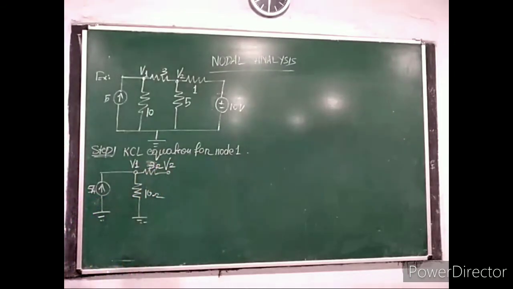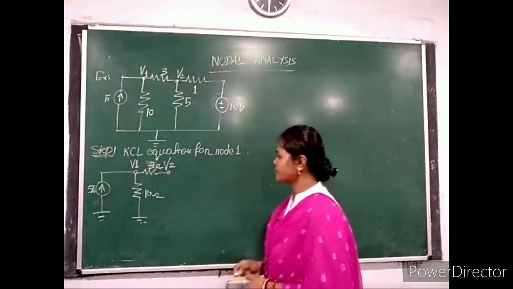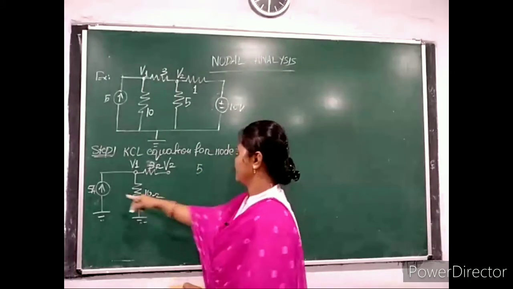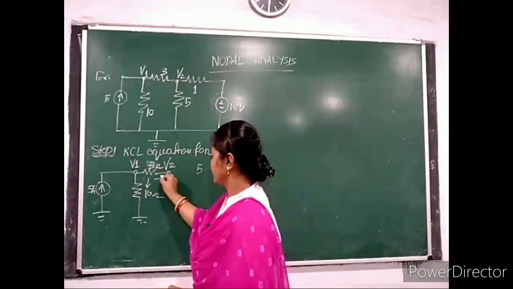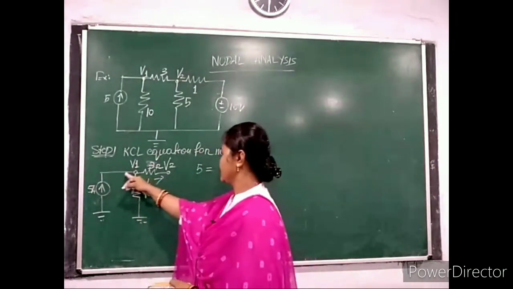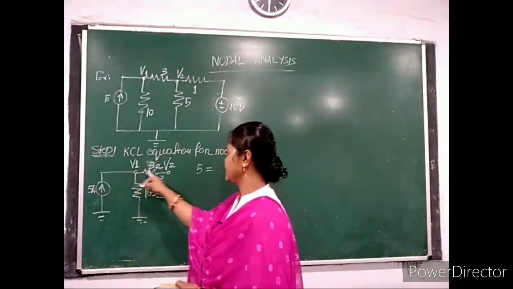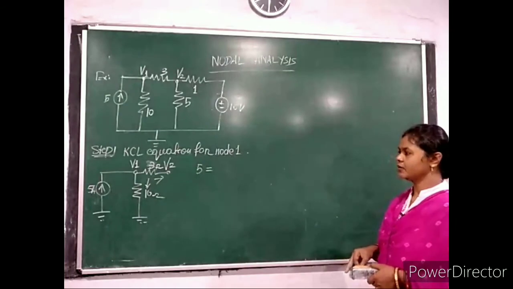So the KCL equation for node 1 is: the current in this branch is 5 ampere. It is the incoming current, and these two, through 10 ohm and through 3 ohm, are the outgoing currents.